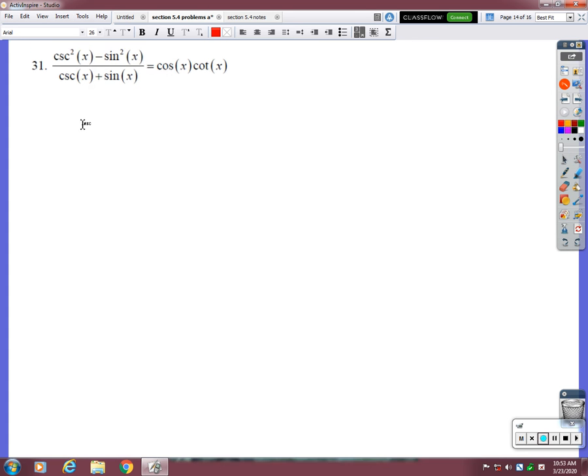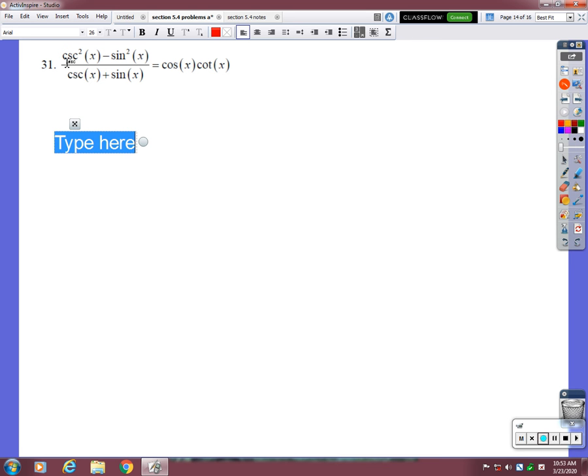So what I'm going to do is I'm going to start by taking cosecant squared minus sine squared, and I am going to factor it. So I'm going to make this cosecant of x minus sine of x times cosecant of x plus sine of x.